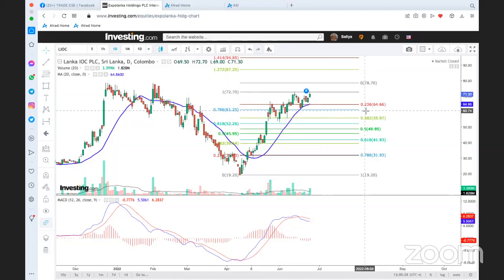People who are accumulating will be the ones who believe that the visible demand is a massive opportunity for LIOC when the supply side is sorted out, either with a revised price or without a revised price, because the supply volumes will be high.